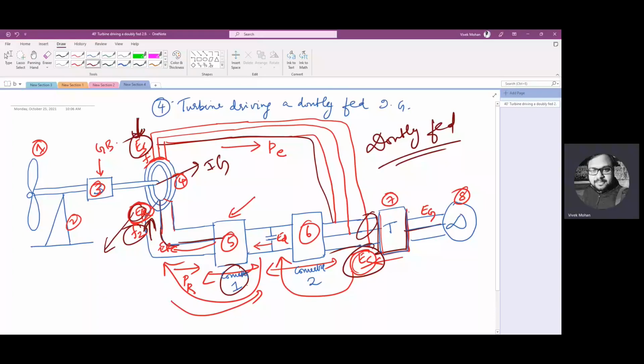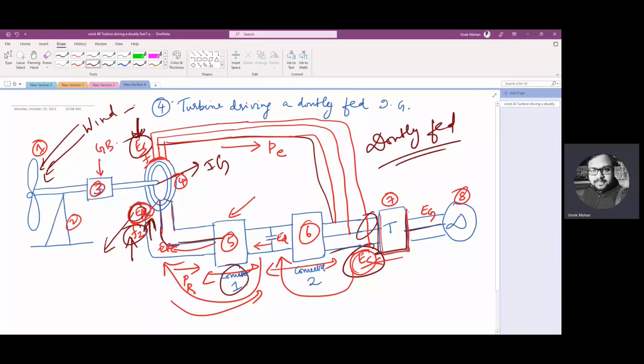All the parameters of ER, magnitude, frequency, phase sequence, are controlled. So the speed of rotation is essentially imposed by the rotor frequency F2. As a result, the wind turbine can be forced to rotate at the optimal speed, which extracts maximum power from the wind, where the wind speed is monitored by the anemometer.